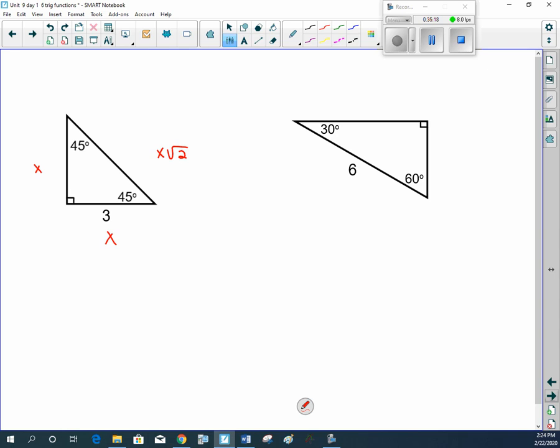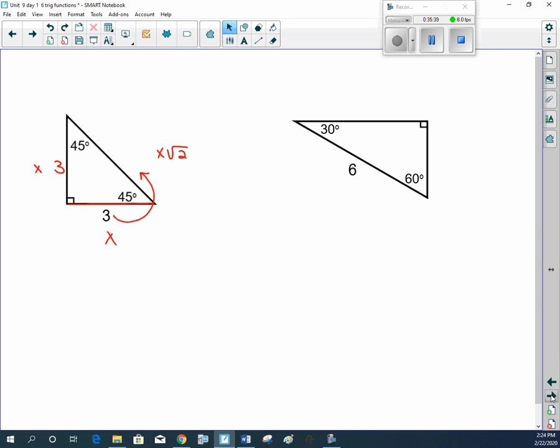Well, if this side is 3, then the other side has to be 3. They have to match. And then I'm going to go from the 3 side to the hypotenuse side. I'm going bigger. This leg is shorter than the hypotenuse, so I'm moving to a side that is longer. So I'm going to have to multiply.